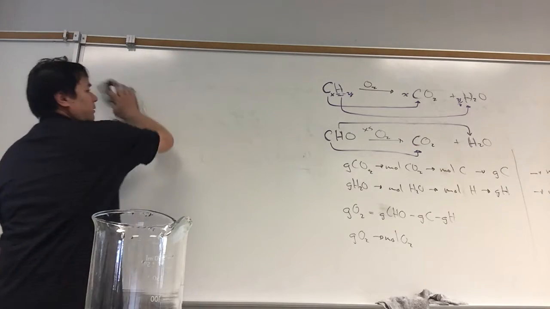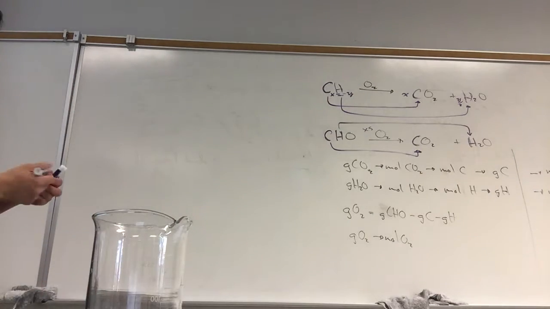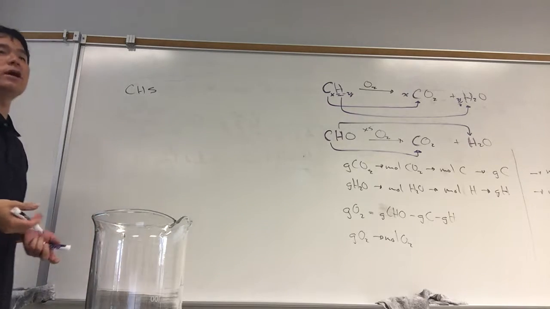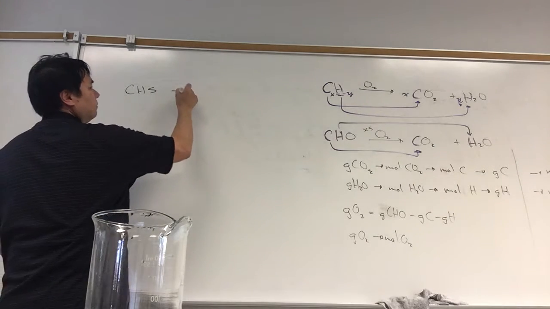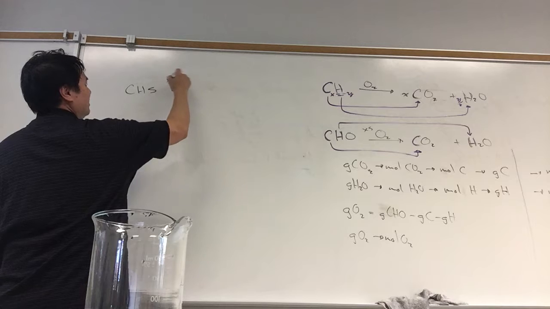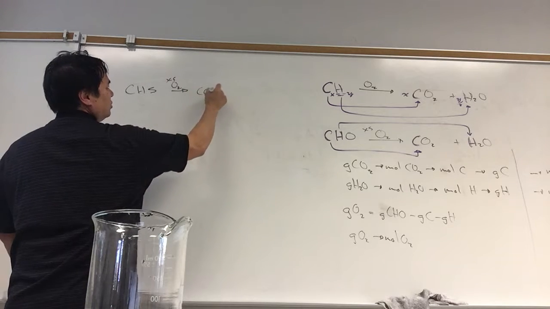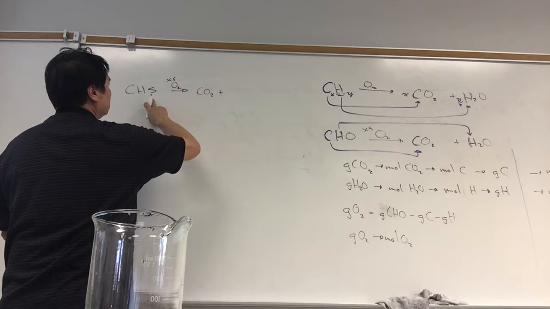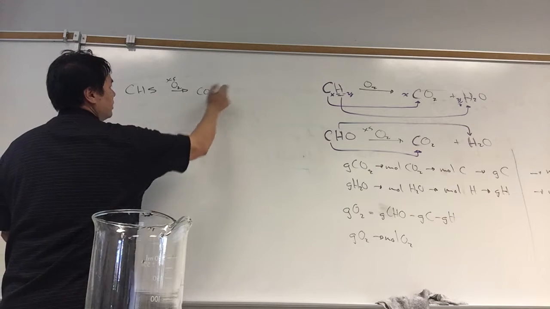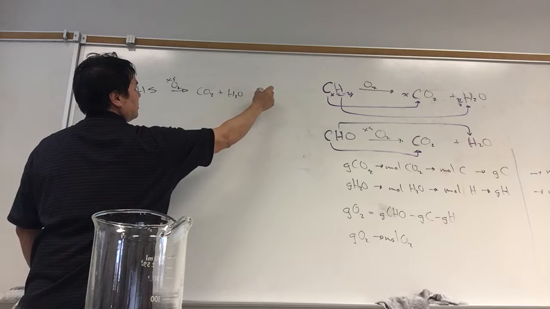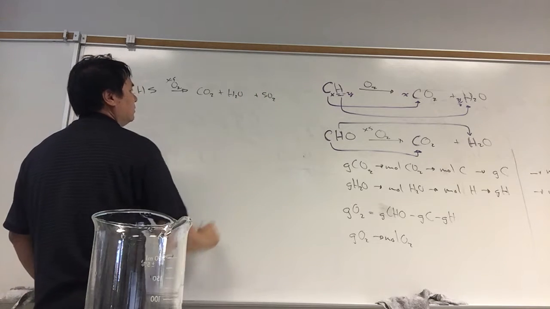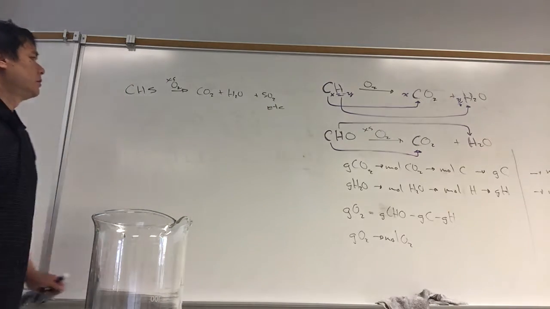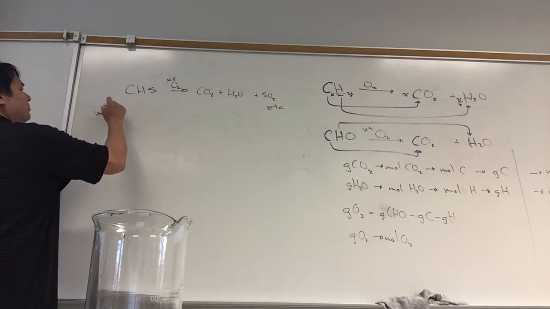For other things like CHS, we could do it in the same way. Burn it in excess O2, and we get CO2 plus H2O plus typically SO2 or SO3, etc. And so method one, we do the difference.